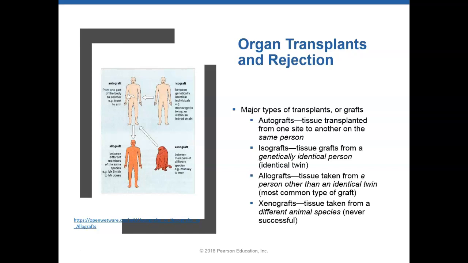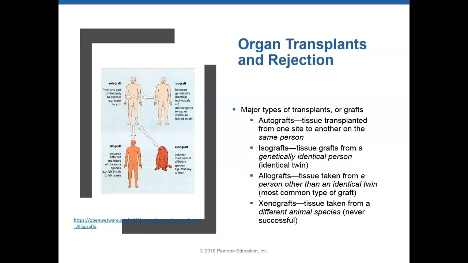And then we have xenografts, tissue taken from a different animal species. So an example of a xenograft would be tissue taken, say, from certain animals to cover up burns. It may not successfully graft, like they may not take that tissue and actually use it and form new cells, but it can still be used as a mechanism to protect that environment.